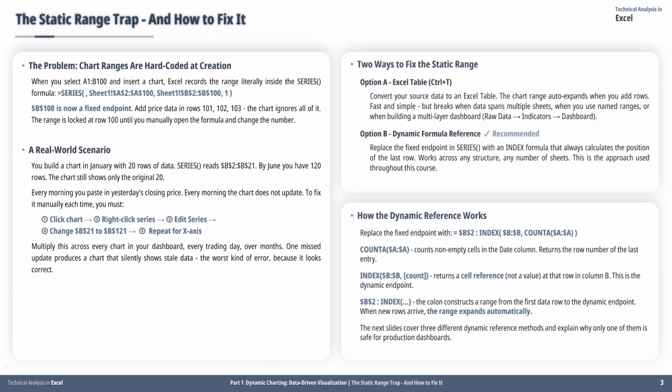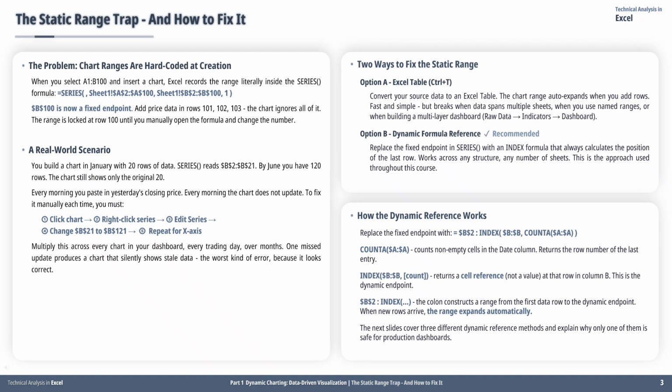Now here is the problem, and it is one that catches almost everyone who uses Excel for market data. When you create a chart by selecting, say, columns A and B down to row 100, Excel writes the endpoint literally into the series formula.